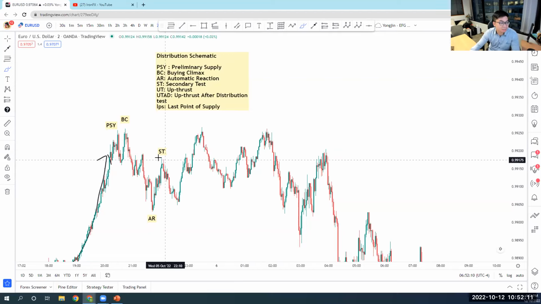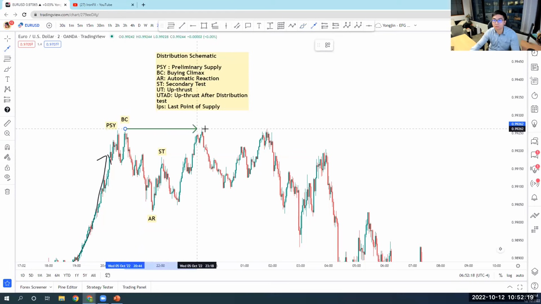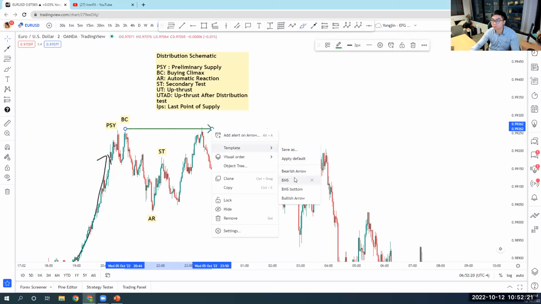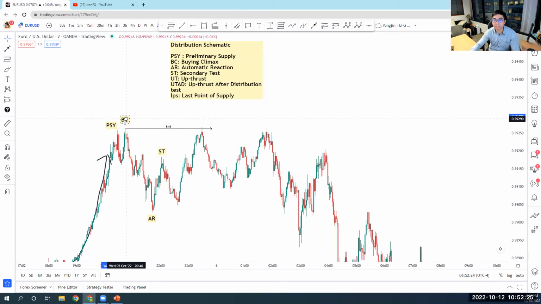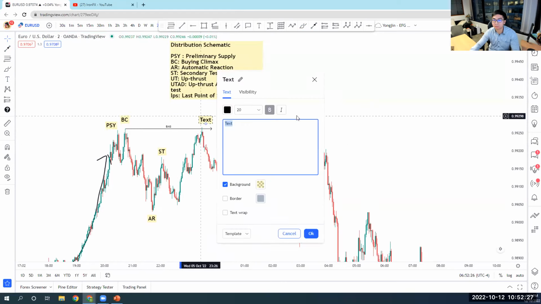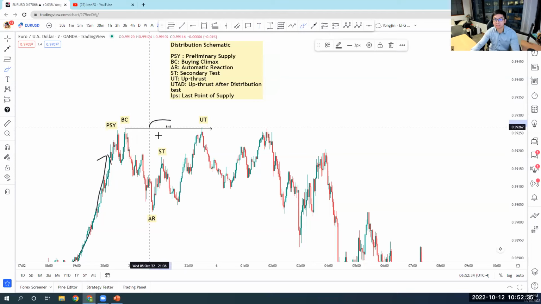So after the ST, we have the upthrust. How do we draw the upthrust? Take a look. Price cleared the buying climax. So at this area, we can call this upthrust. What you guys might want to know is, what is BMS?